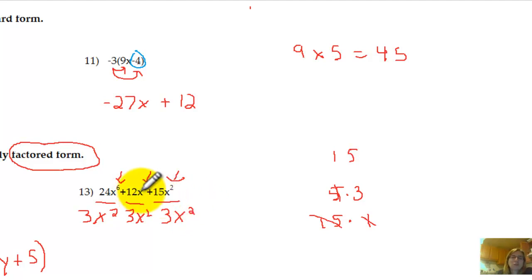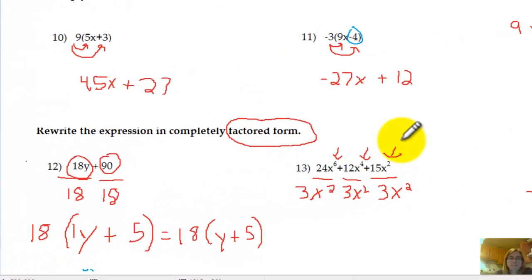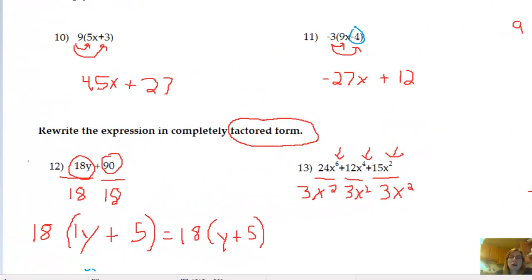The greatest common factor between the numbers is 3. So now let's simplify. And when we simplify, we get 24 divided by 3, which is 8. And we have x to the 6th over x squared, so you subtract 6 minus 2, which is x to the 4.